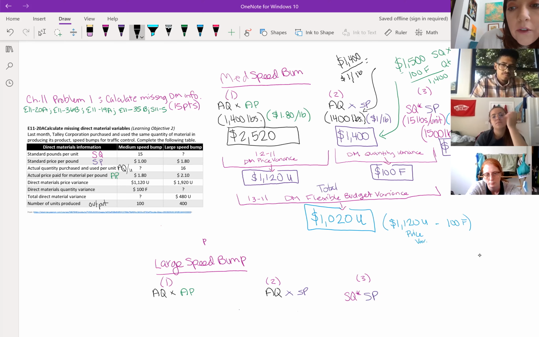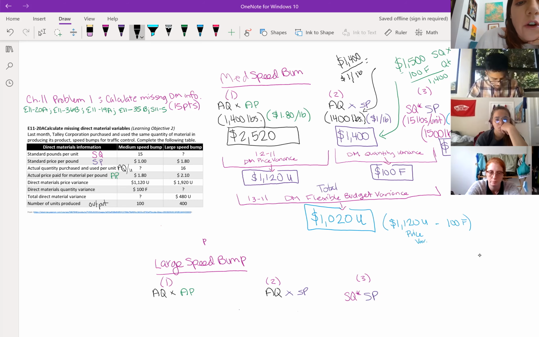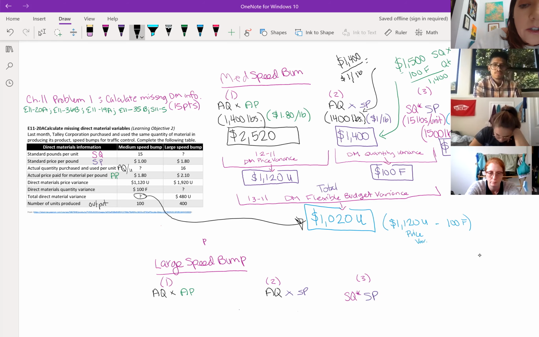You should have spent 1,500, you actually spent 2,520. Does it recompute to 1,020 unfavorable? Yes. So you calculated the total direct material variance here. That's this answer.